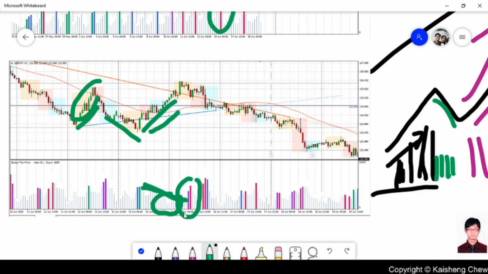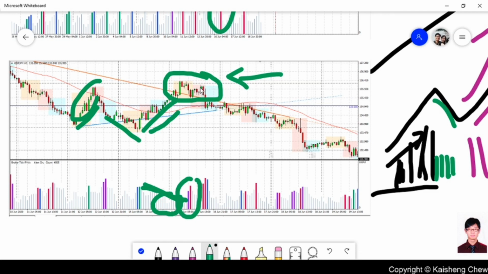Coming down, then high volume comes up, meaning that in this region a lot of activity is happening. Why a lot of activity? One reason is that the buyer and seller are fighting. Another reason is our big boy is filling their orders.